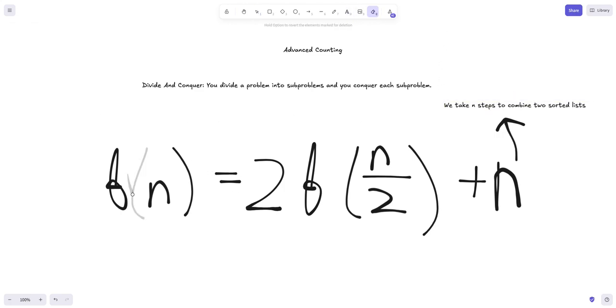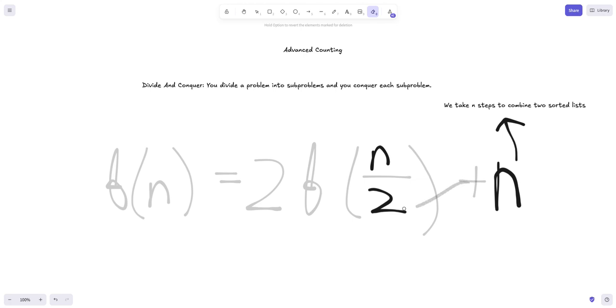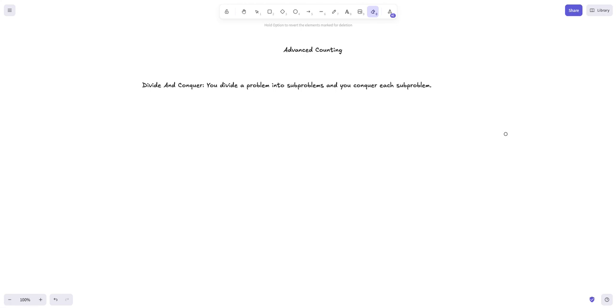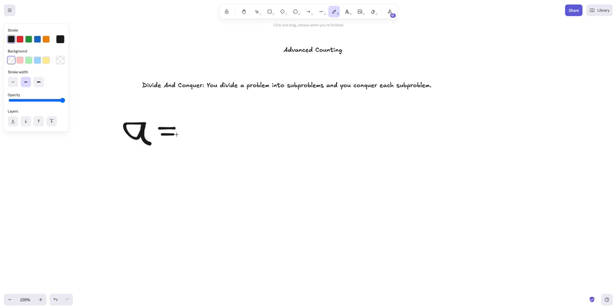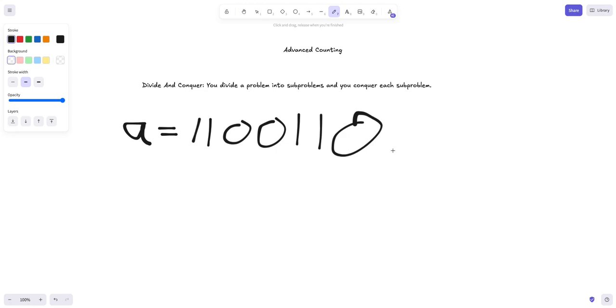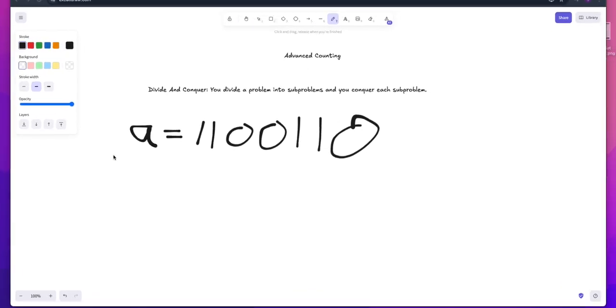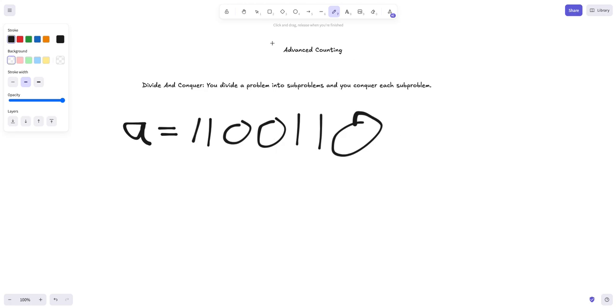The next algorithm that we'll be considering is the multiplication of bits, and this is a very interesting algorithm. So let's assume we have a bit string, and maybe it would be better to keep it until elements n.